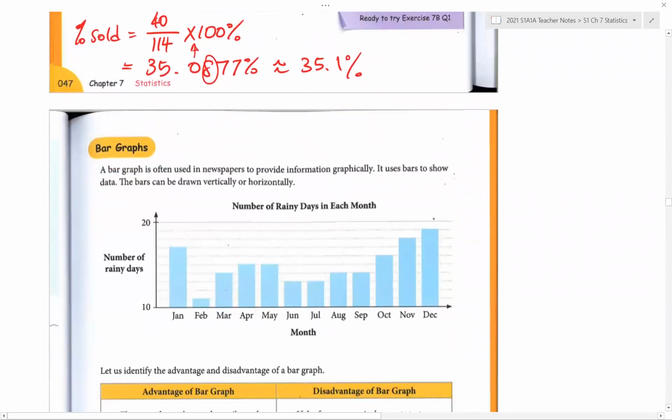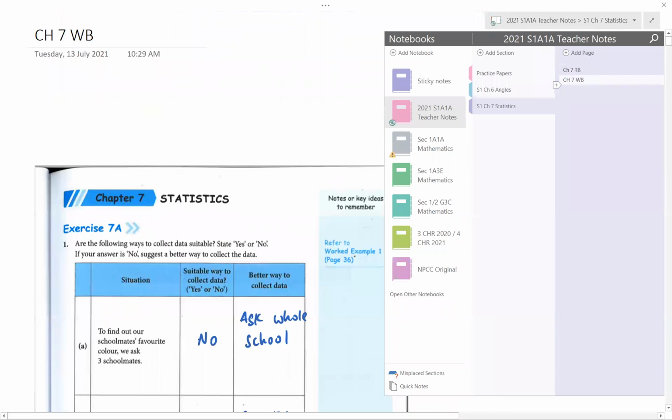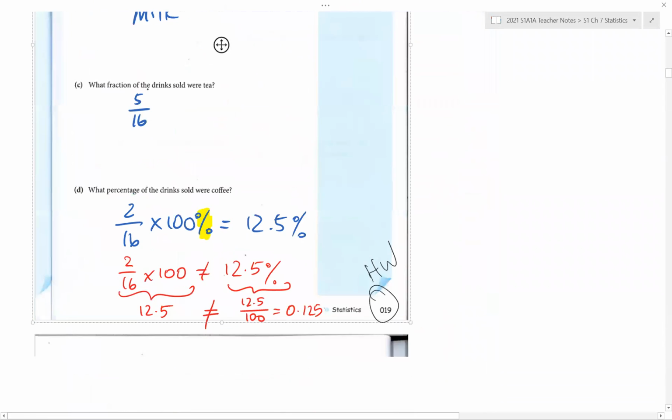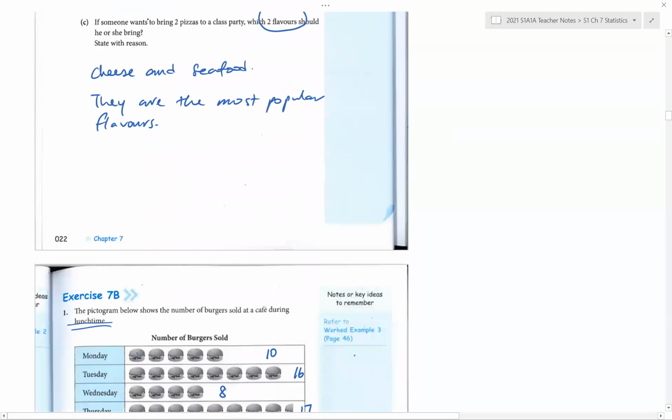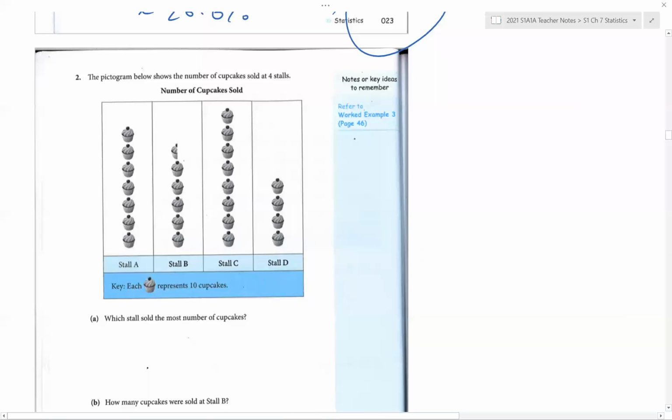Okay, so now we go back to our workbook. I think there are more questions for our pictograms. Over here. So we do the second pictogram question first.